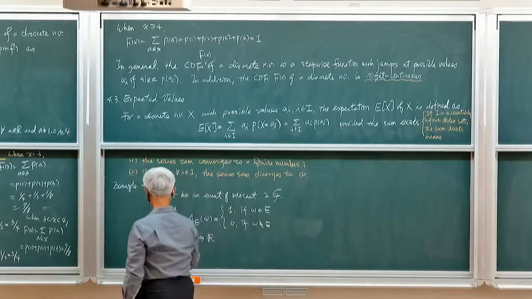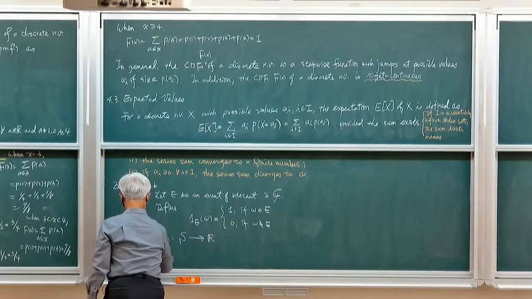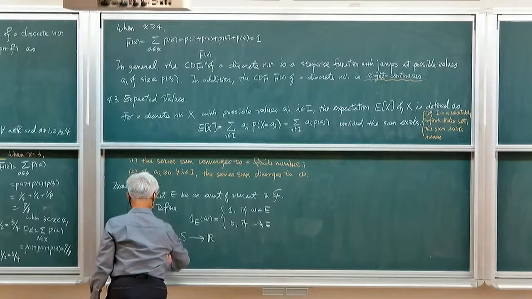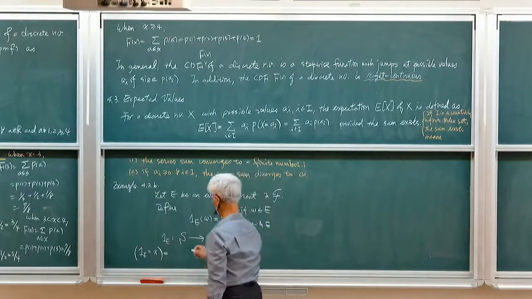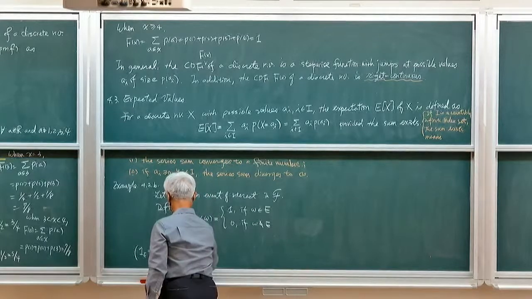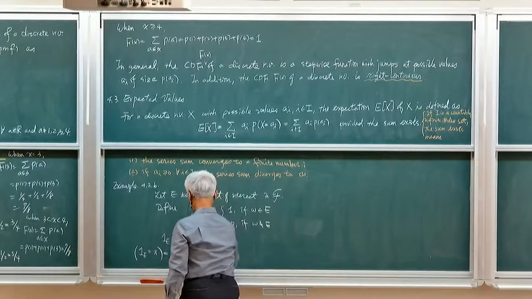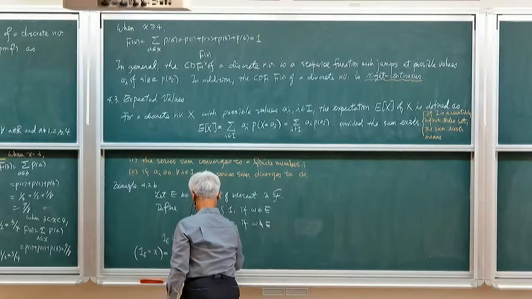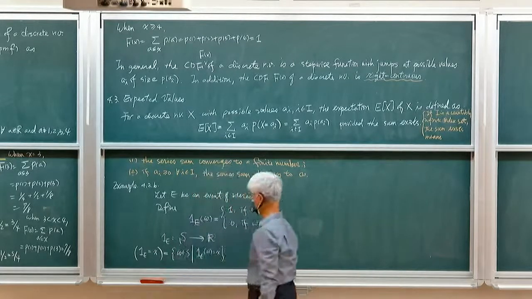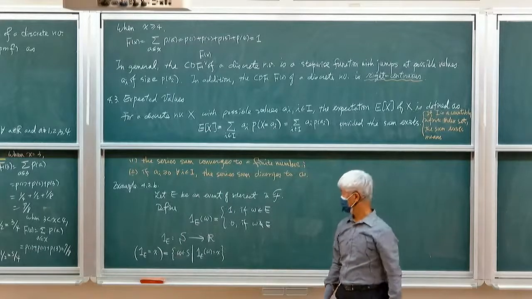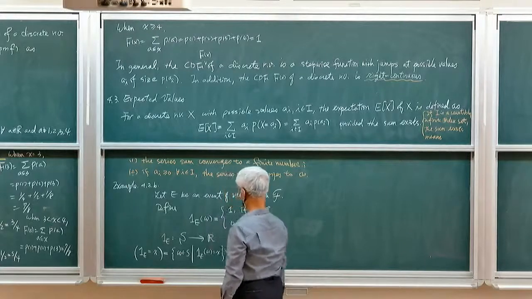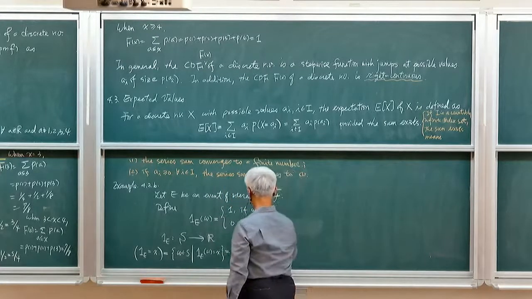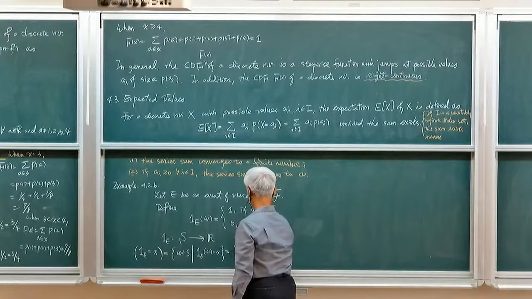Now we look at the event {omega such that I_E(omega) equals x}. If x is not equal to 0 or 1, it's an empty set.